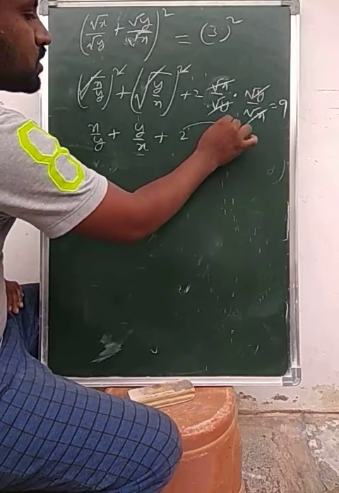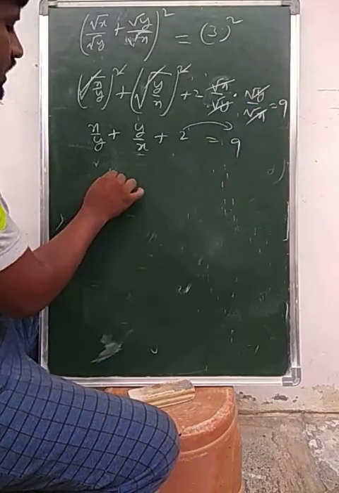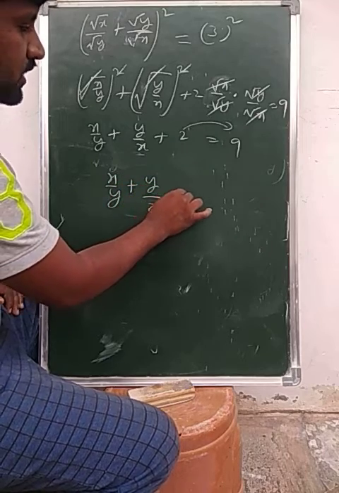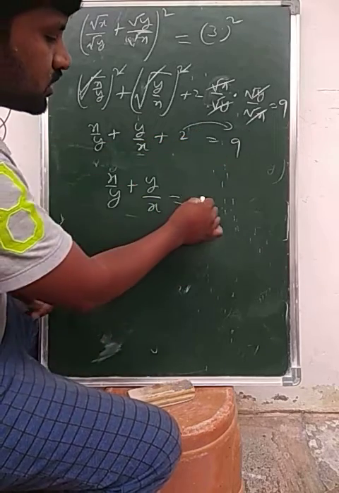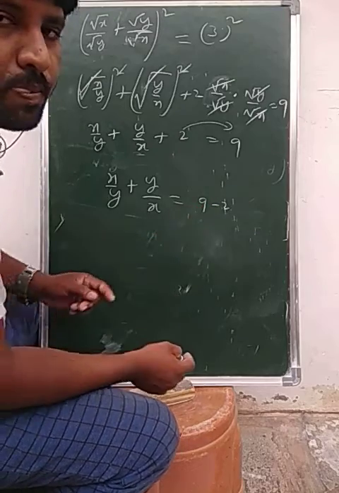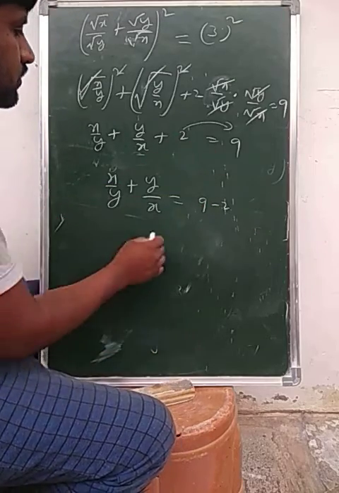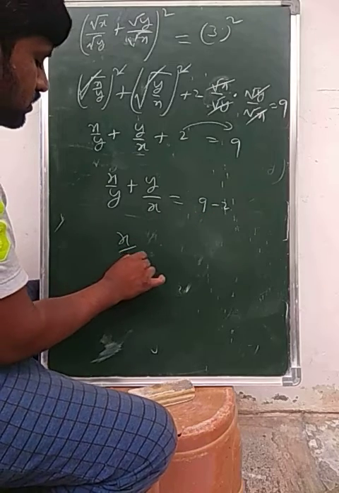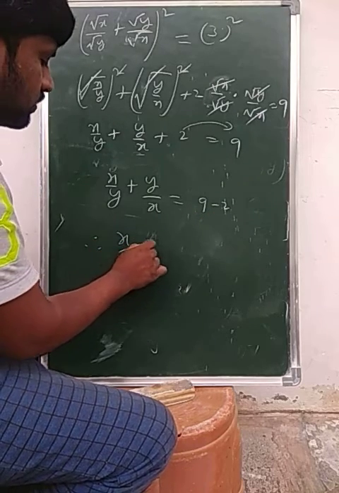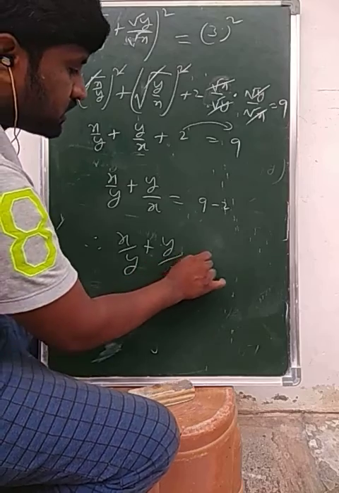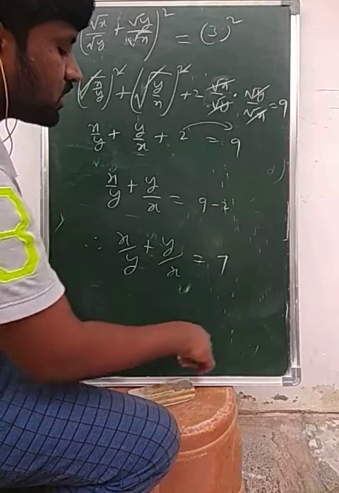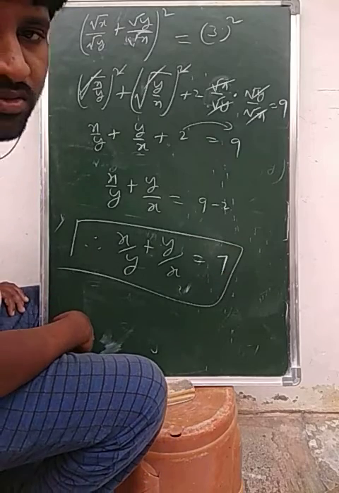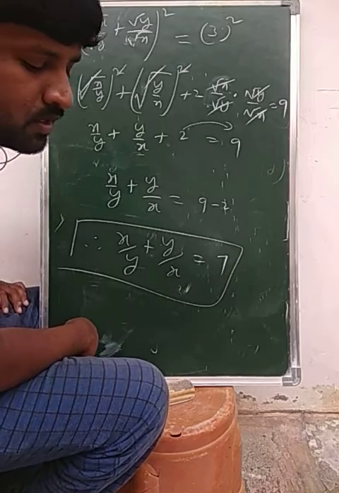Now 2 is transposed to the RHS side, we get x by y plus y by x is equals to 9 minus 2. Plus quantity transposing becomes minus quantity. So x by y plus y by x is equals to 9 minus 2, that is 7. So this is the required answer for this question.